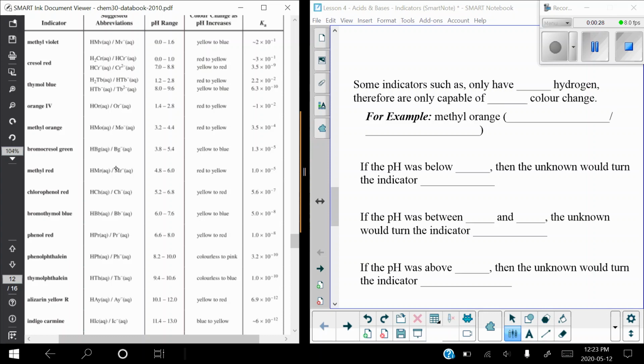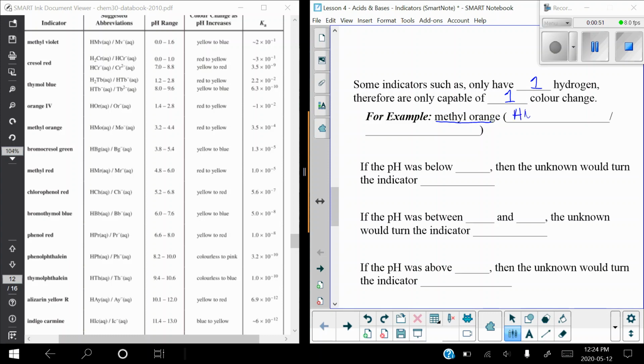So some indicators have one hydrogen. Therefore, they're only capable of one color change. If we take a look at methyl orange, which is fifth down in the indicator column, we'll notice that it exists in two forms.